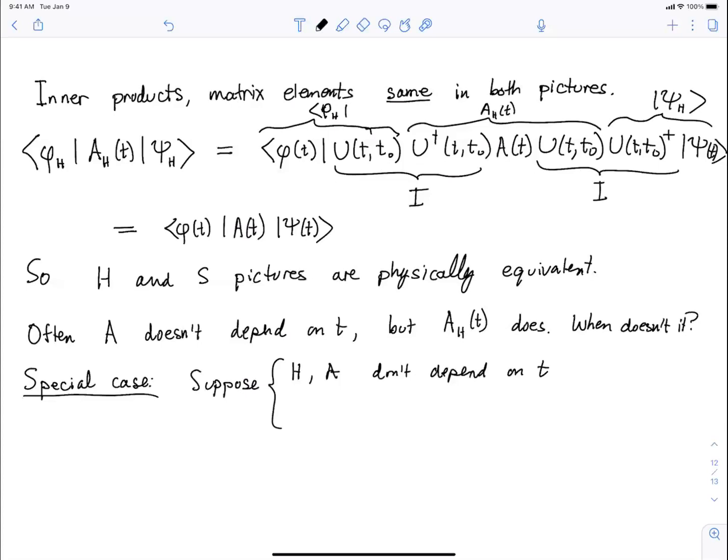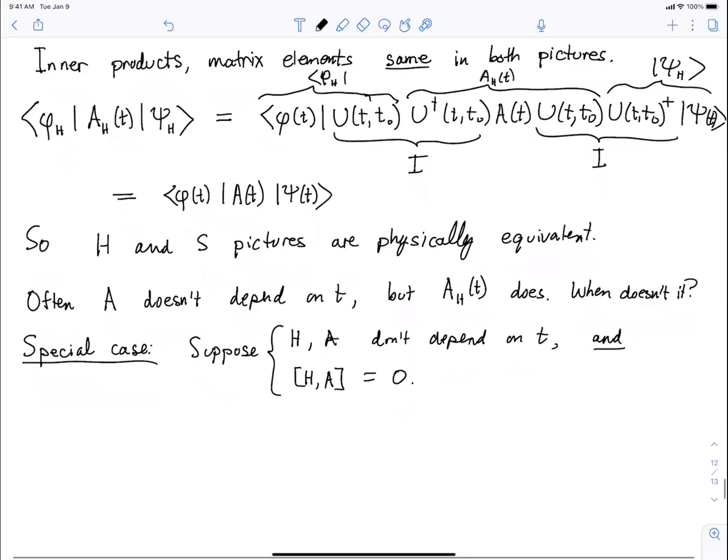For example, the hydrogen atom, the harmonic oscillator, the Hamiltonian for those doesn't depend on time, and say the momentum doesn't depend on time. So that's very often satisfied. But we also need the following property, that they commute, which is much less often satisfied. For example, the momentum operator does not commute with the harmonic oscillator Hamiltonian.